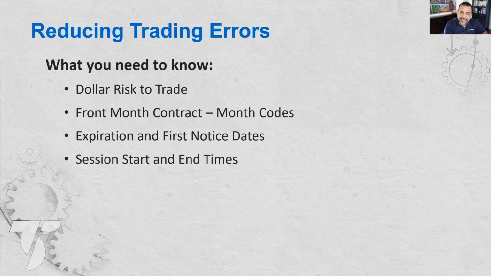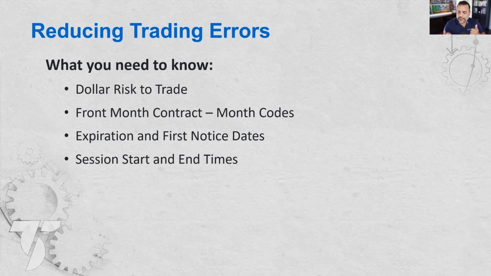Session start and end times also depend on the commodity you're trading: cotton, sugar, cocoa, all these commodities have different begin times and end times. So be aware of that, because you may be wanting to put in a trade when the markets are closed. This information is important. Or maybe you don't want to keep a commodity position open overnight because of margin.